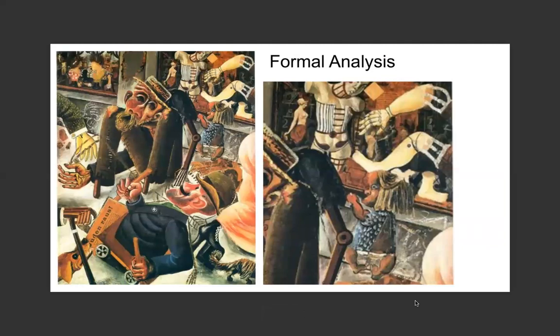So we can start understanding these concepts by first just going through a formal analysis. This is strictly looking at formal qualities, no identification of any shapes or bodies. This is a very chaotic image.